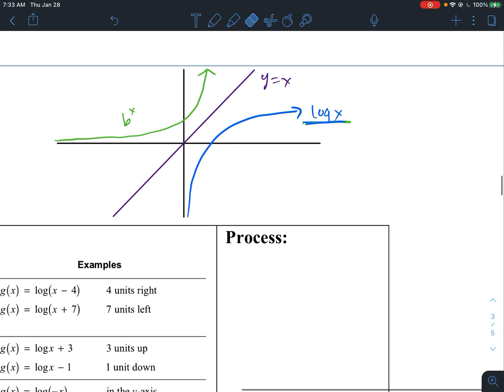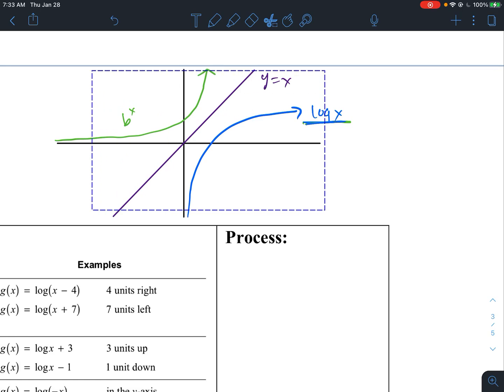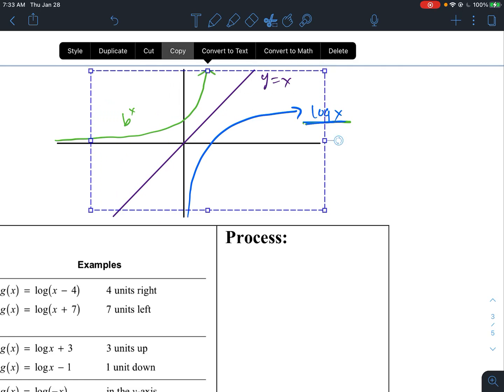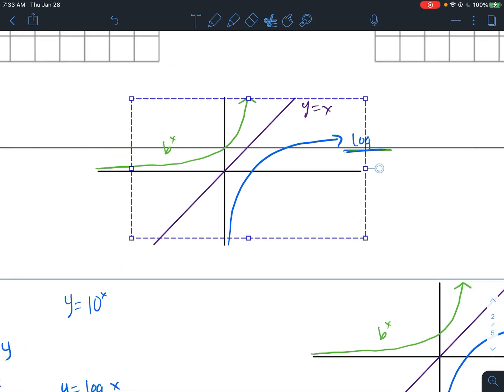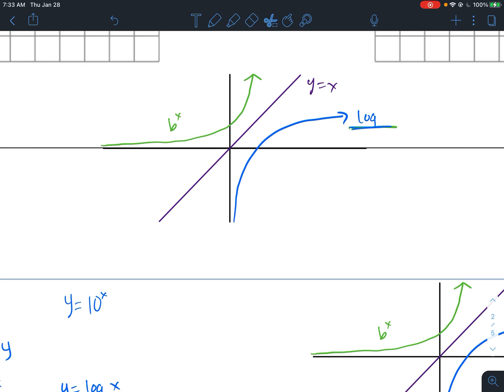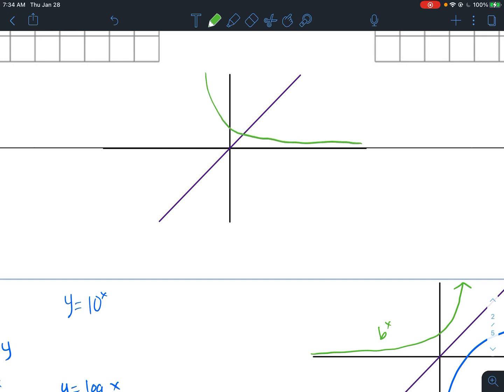Now let's also keep in mind one other thing. I'm going to make a copy of this and use this space on this other page. Remember that we could also have a decay function, when it came from this side and went up like that.